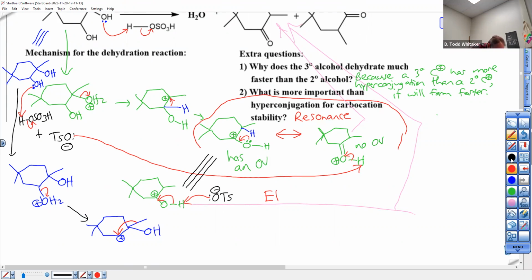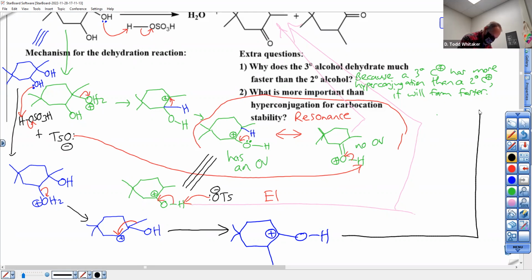And now you're at the stage where you've got methyl here, OH, cation, and I want to go straight to the final product without doing the resonance as a separate step.